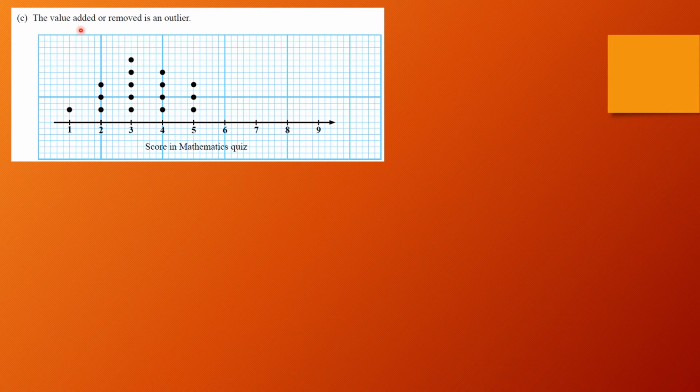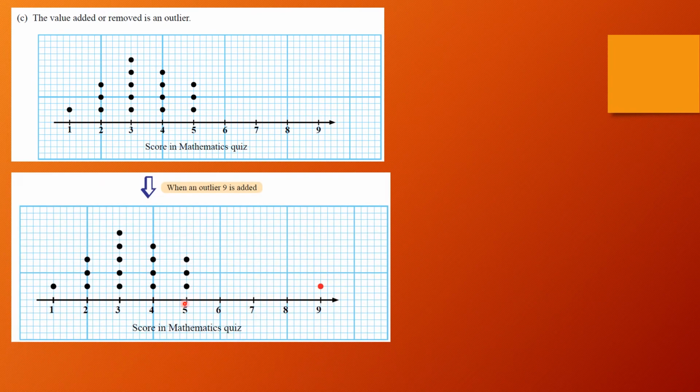Next, we look at what happens when an outlier is added or removed. An outlier is a score or number that has quite a big difference from the other scores. So here, the scores in a mathematics quiz are from 1 to 5, like the example just now.